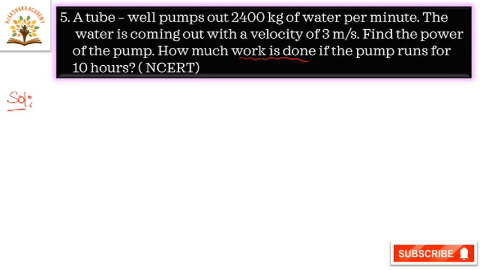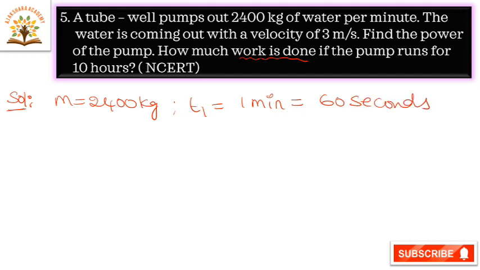Now they given mass 2400 kilograms. So M is equal to 2400 kilograms, and T1 they given as 1 minute. 1 minute converting into seconds, 60 seconds, and V they given as 3 meters per second, and we have to calculate for 10 hours.